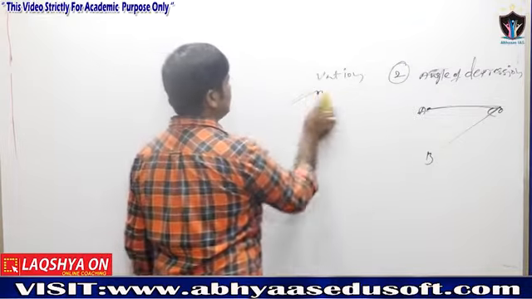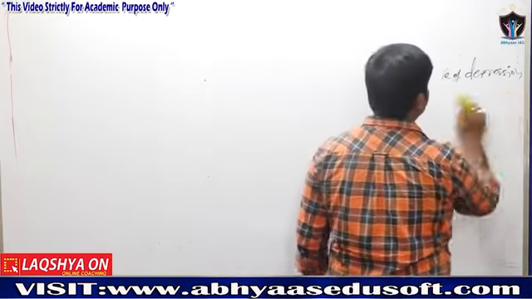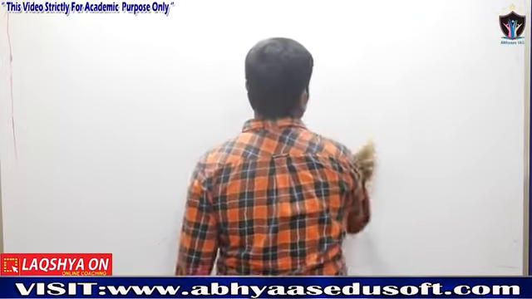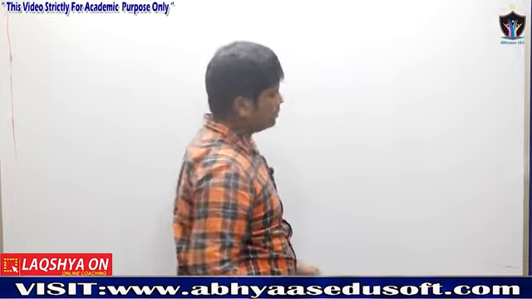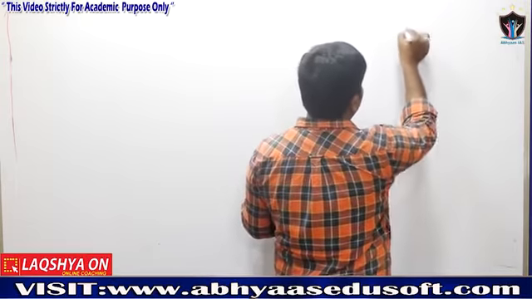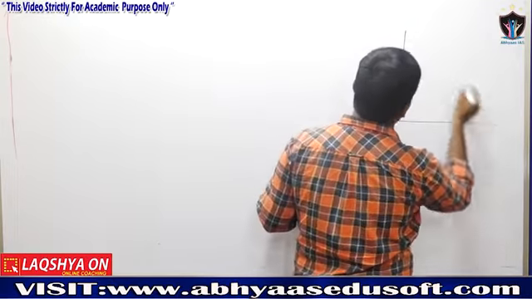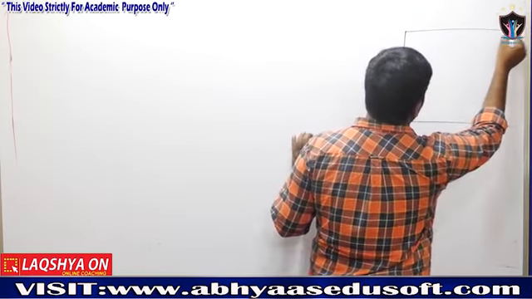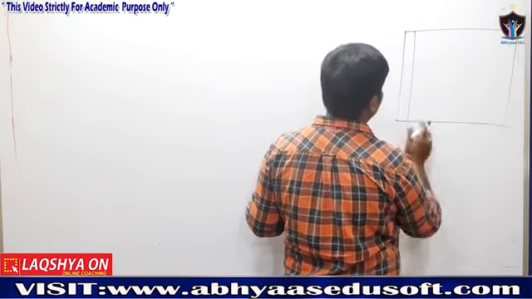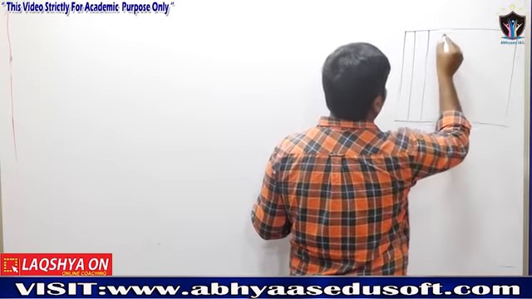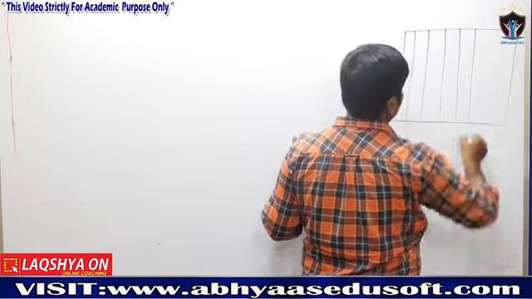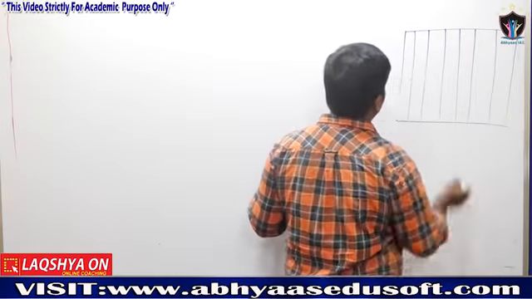Now let us see the trigonometric ratios and how things will happen. Sine, cos, tan, cot, cosecant, secant.